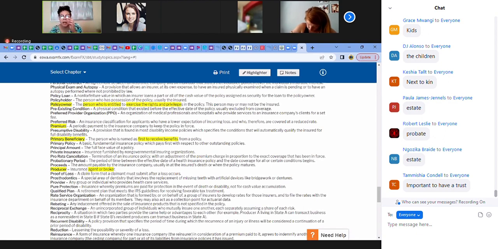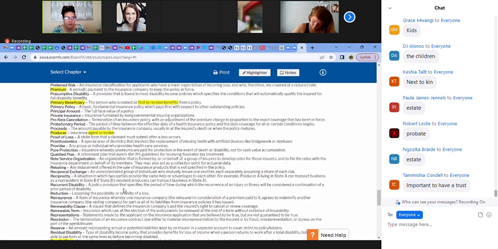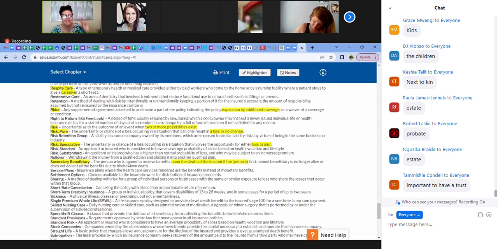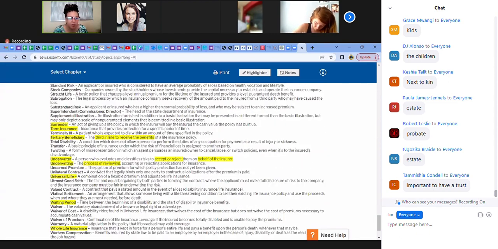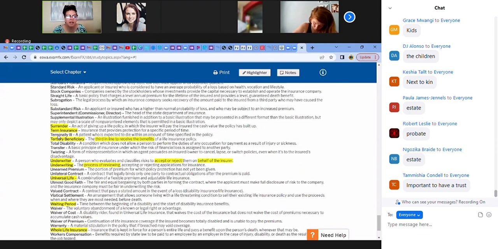But if there's not, it will go to the secondary beneficiary here, which is the second person to receive the benefits upon death, right? So not the second in the primary, but if all the primaries no longer exist, it goes to secondary.